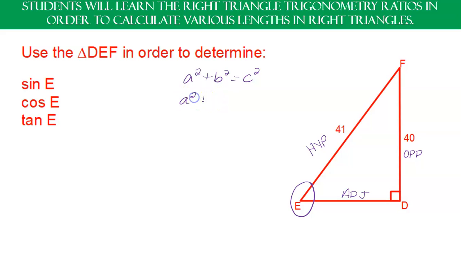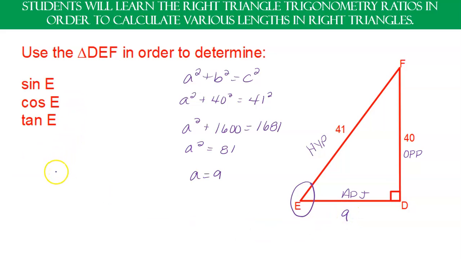I don't like to leave b as my variable because it looks like a 6 sometimes. So I'm just going to go ahead and solve this. So I know that my adjacent side is 9 because that's the square root of 81.